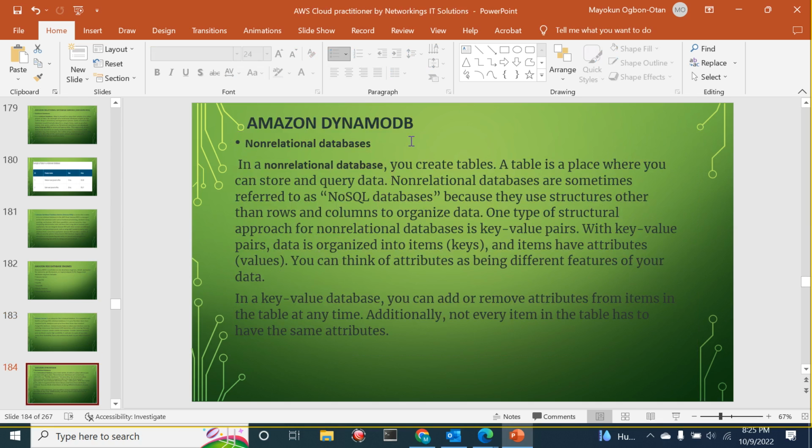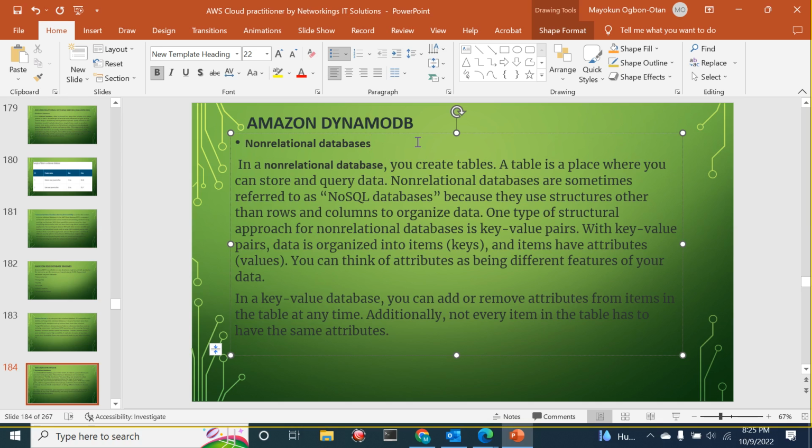Yes, this is another thing we need to talk about. Someone should read this for us. Amazon DynamoDB, non-relational database. We've discussed relational database. Now we are looking at non-relational database. Miss Regina, read for us if you can. Okay, she's not there. Okay, Kayode, read for us.